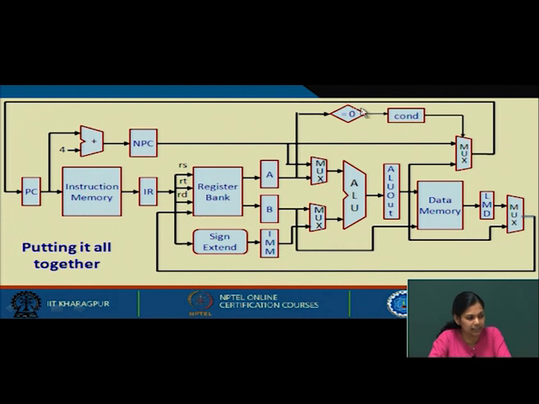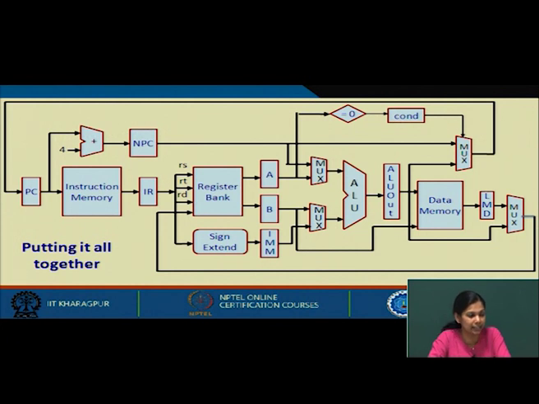After decoding, we execute it. For execution, we need to get the data from A and B or from an immediate value. Accordingly, muxes are in place to select one of the two values, which is fed to the ALU, and from the ALU we get ALU out. Once the data is available in ALU out, sometimes it is again required to get data from memory.